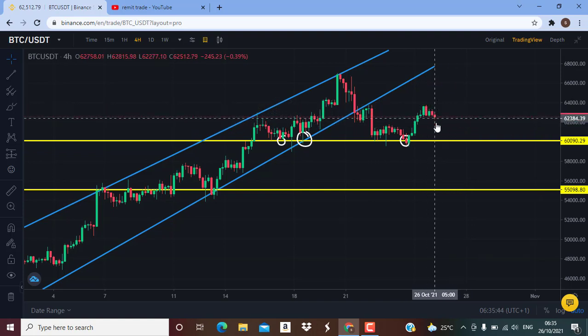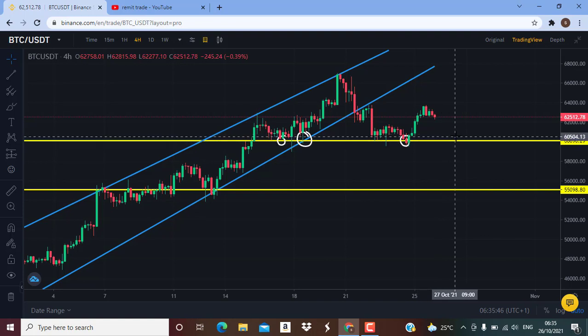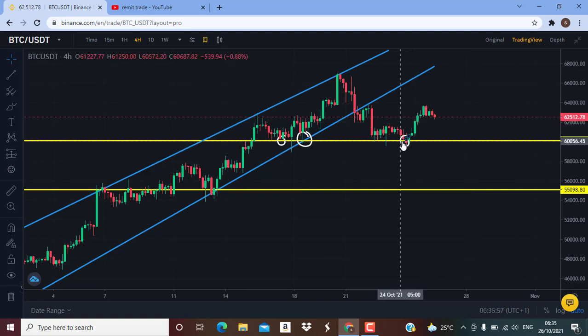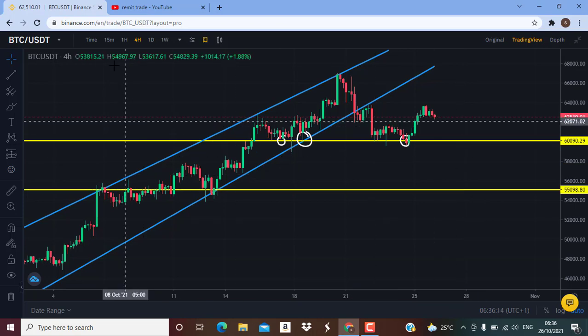If you see the market come back to this area, then it's a nice time to take a buy position. So if a bearish close appears below this very strong support level, then expect the market to go back down to this area of the $55,000 level.